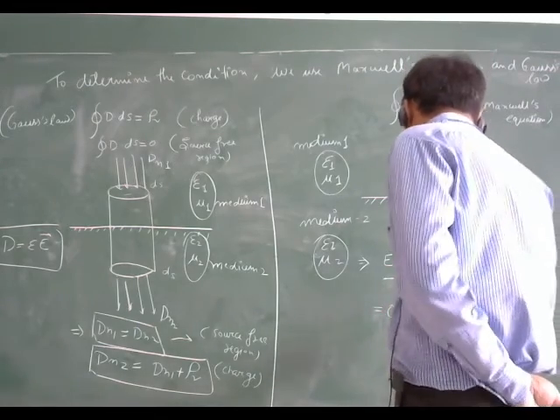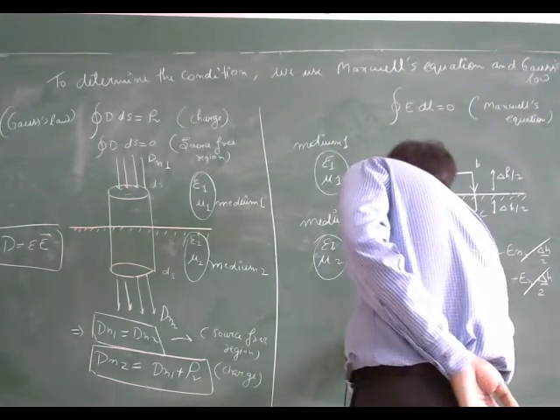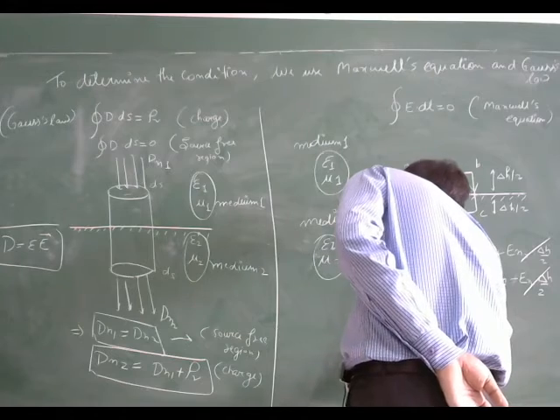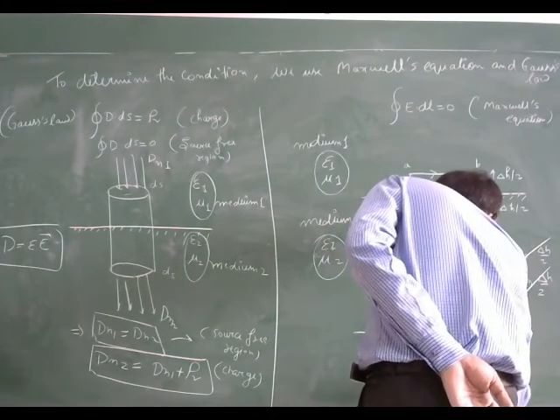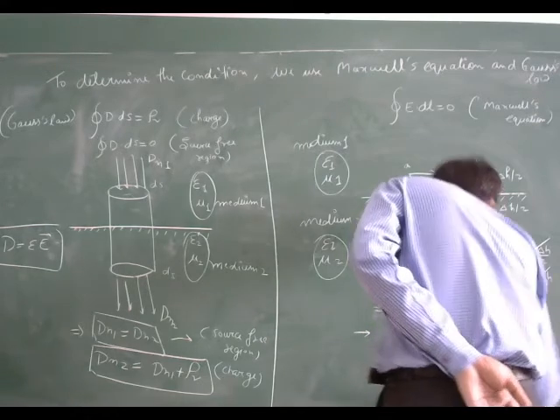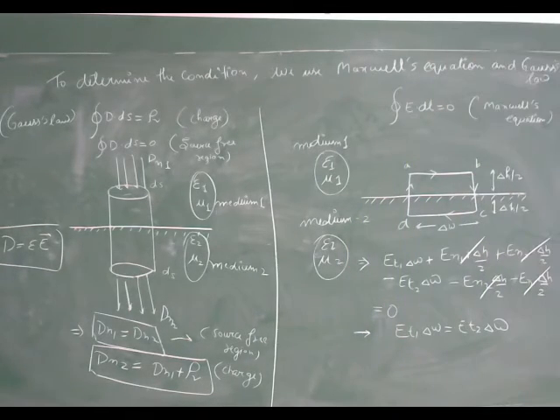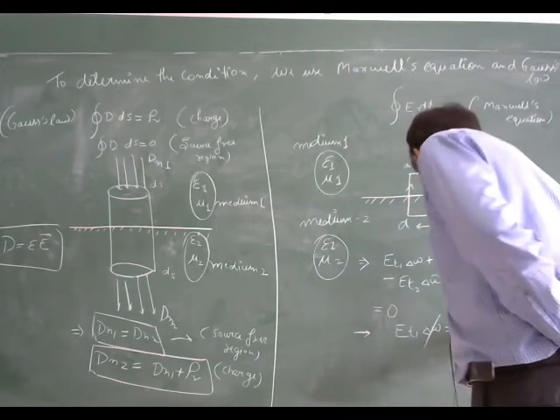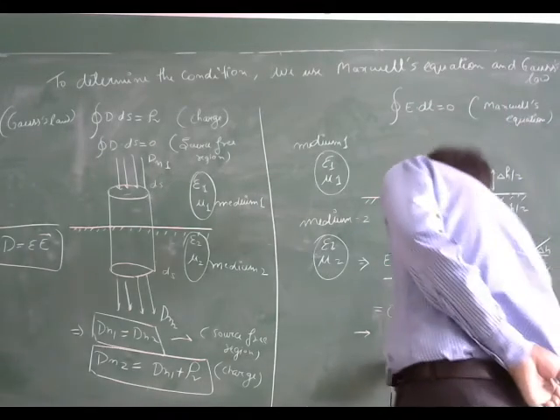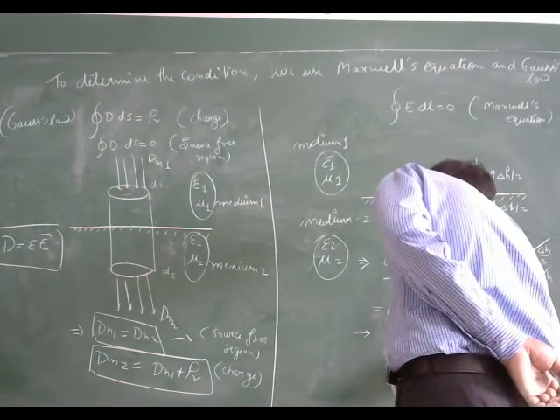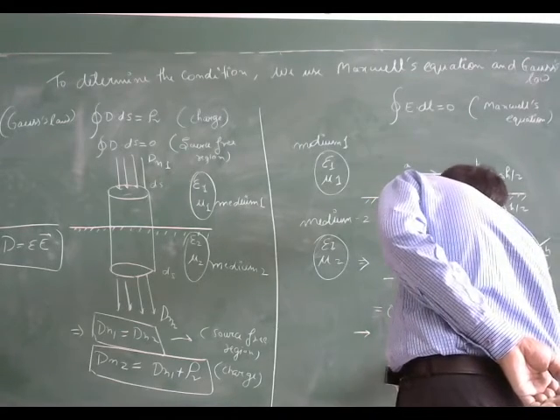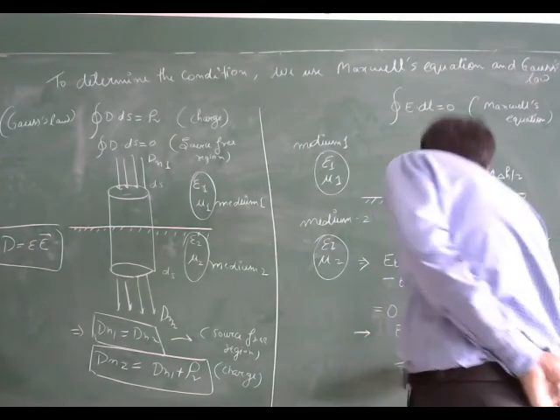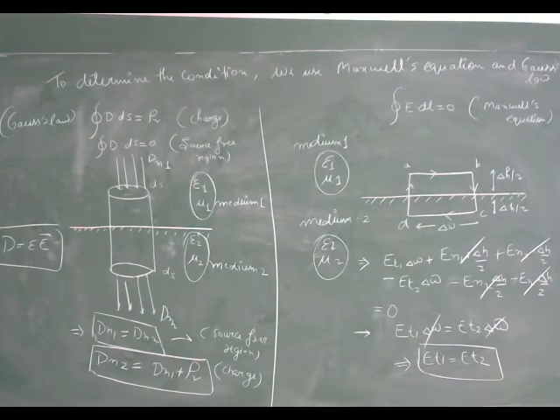We have only Et1 del w equal to Et2 del w. So here del w gets cancelled out. We only get Et1 equal to Et2. So the tangential component of the electric field in medium 1 is equal to the tangential component of the electric field in medium 2.